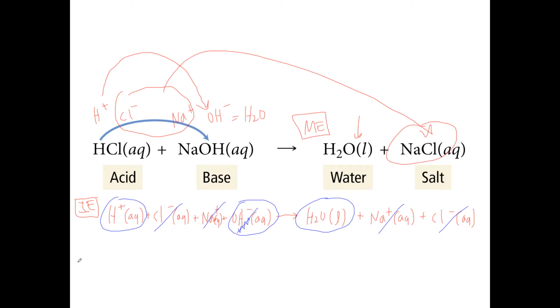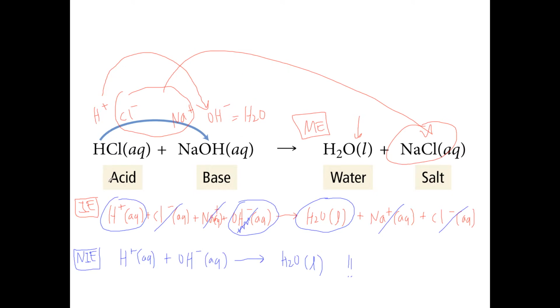So it looks like the net ionic equation is H plus plus hydroxide produces water. Wow, that's it. Okay, so that's the net ionic equation.